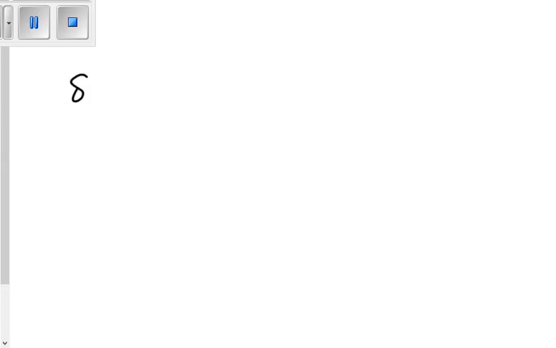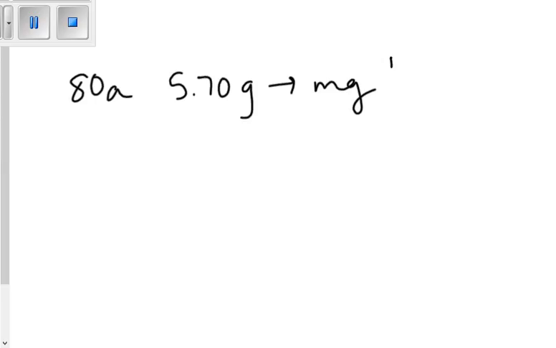But looking at 80A, you want to convert 5.70 grams into milligrams. Now milligrams are a smaller unit. Milli means 1/1000th. So your answer in milligrams should be a larger number.